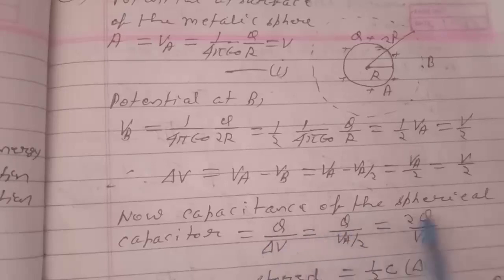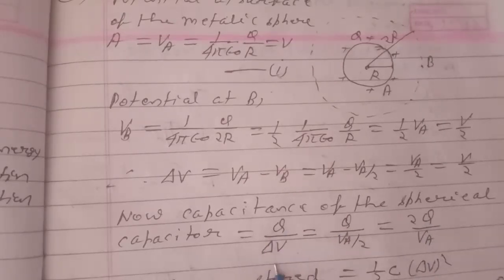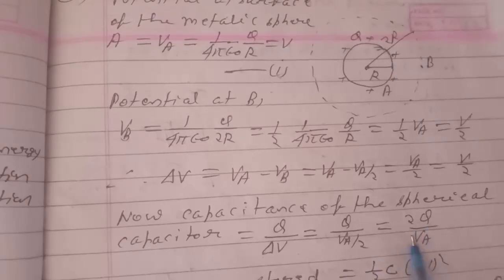Now the capacitance of the spherical capacitor will be Q by delta V, or Q by VA by 2, equals 2Q by VA.